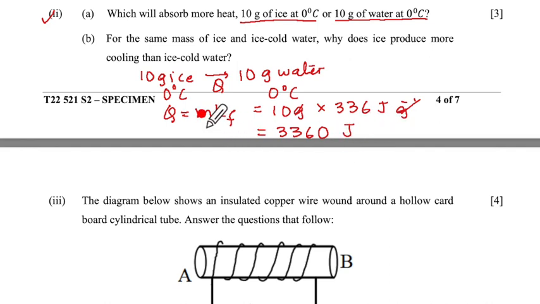This much is the heat required by 10 grams of ice at 0 degrees C to become 10 grams of water.